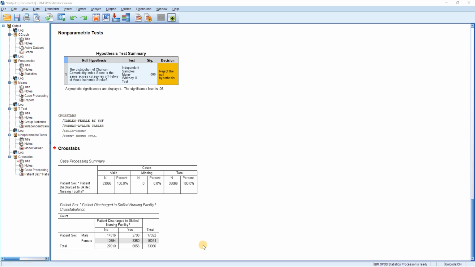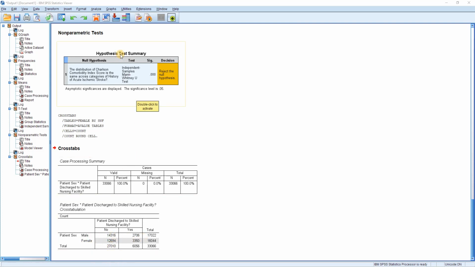Okay. Question number 8 just wants you to add a percentage calculation to this table. And in the way that I have it set up here, I have patient sex, or gender, in the rows.